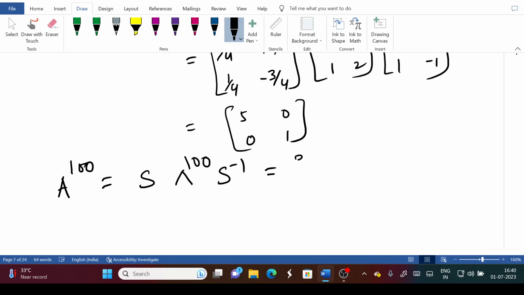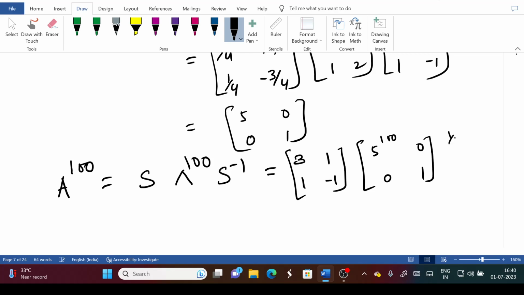S is [3, 1; 1, -1], lambda to the power 100 is [5 to the power 100, 0; 0, 1 to the power 100 is 1]. And S inverse is 1 by 4 times [1, 1; 1, -3].